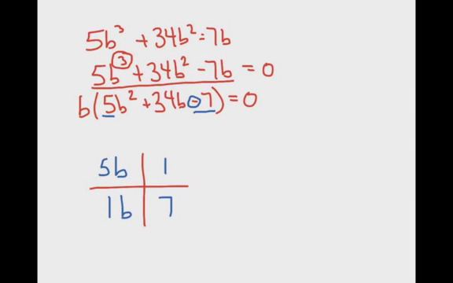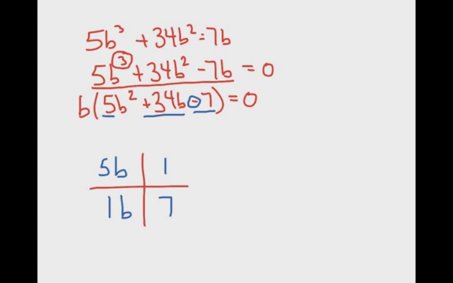Now, how do you decide which number to make negative and which one to have positive? You're going to look at the middle term here. Since the middle term is positive, that means our biggest number needs to be positive. So then we have a big positive number plus a smaller negative number, which is going to give us a positive number overall.